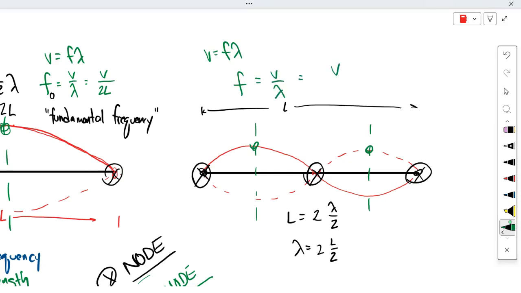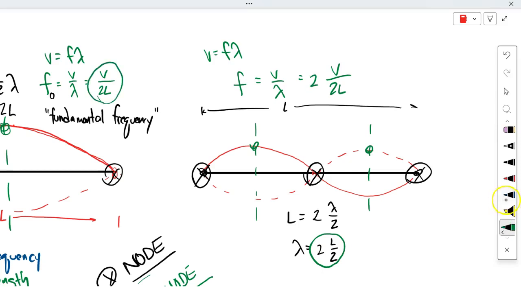Well, that's V over lambda, which is 2L over 2. That's why I wrote it like this. Actually it's 2L divided by 2, but divided by means multiplied by.